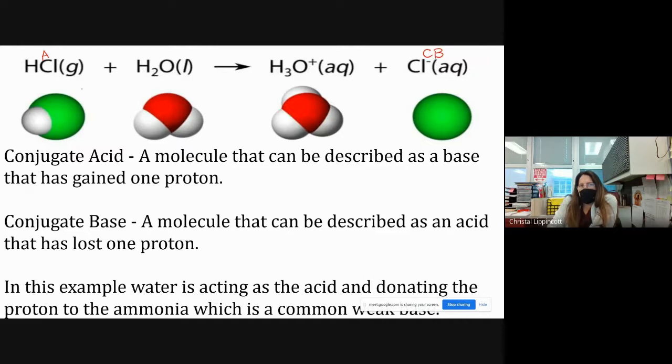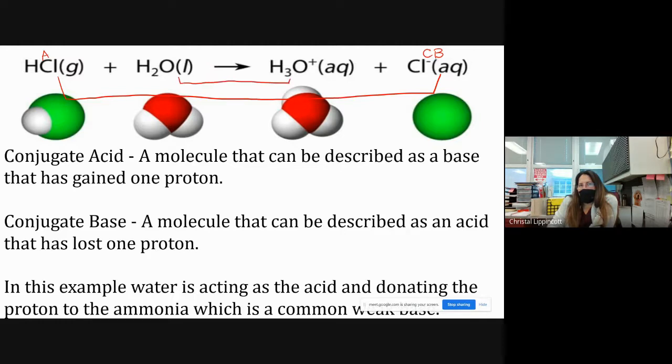And what I tell people to do is look for the pairs. So these two look similar to one another. The difference is a hydrogen. Whichever one of these in the pair has more hydrogen is your acid. Whichever one has less is your base. And if it's on this side, it's called a conjugate. So conjugate base.